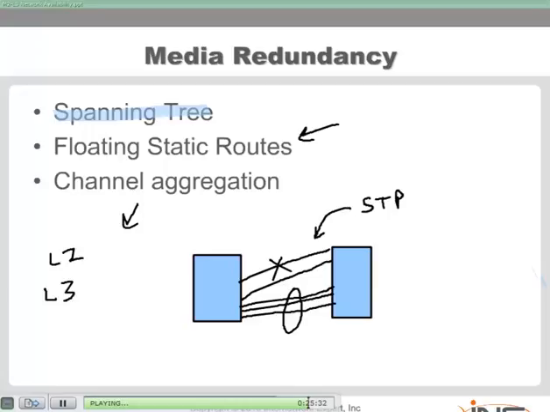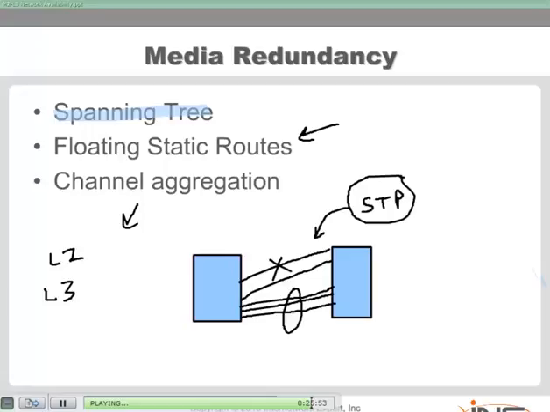This is important for spanning tree protocol because if all of the links look like one link, then spanning tree protocol will not engage in its loop avoidance, and it won't shut down one of those links.